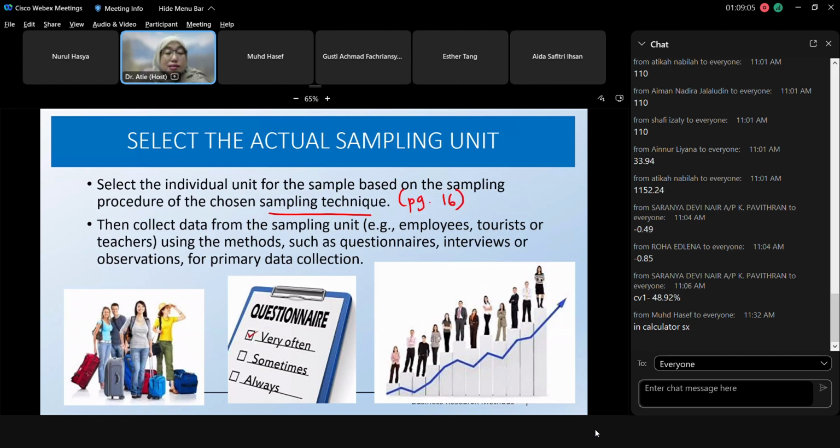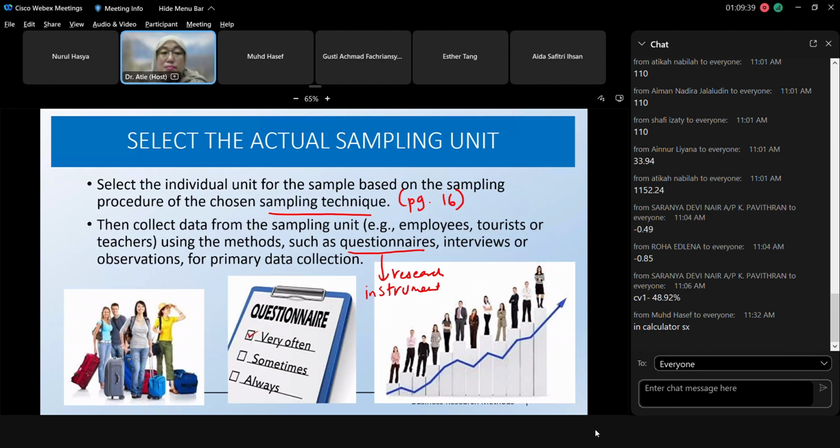Then collect data from the sampling unit. It's up to you whether you want to select employees, tourists, teachers, houses, whatever. Usually we use a questionnaire, which is called a research instrument. Or you can even use interviews or observation for primary data collection.